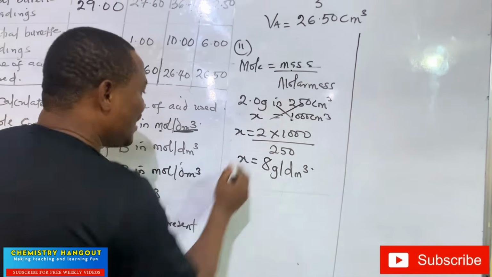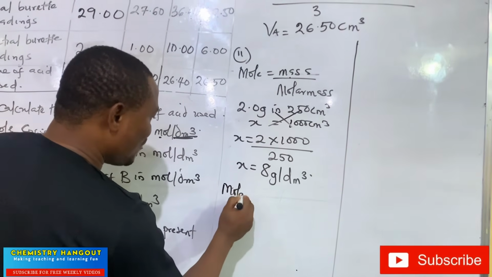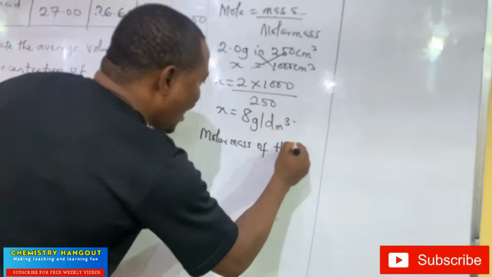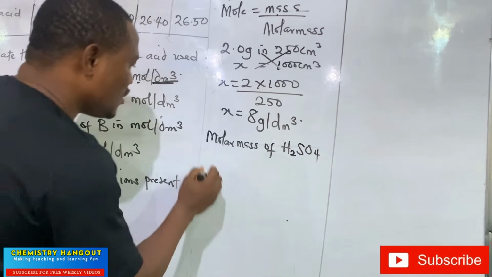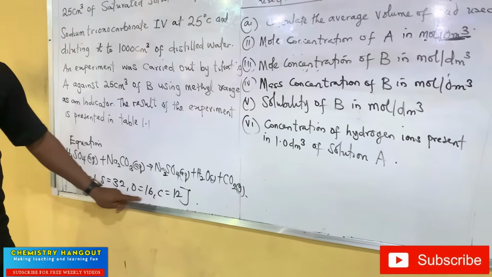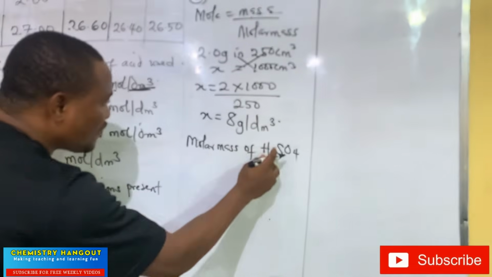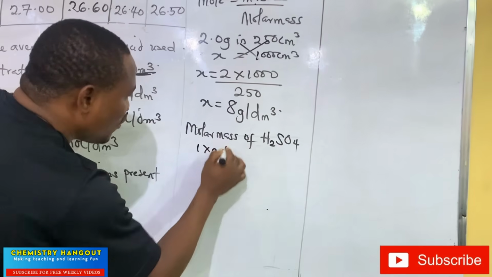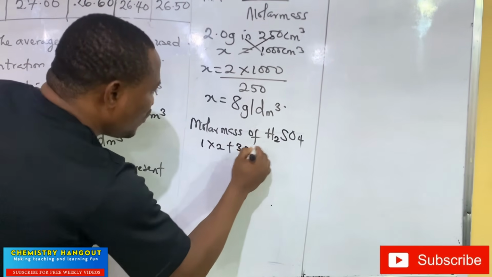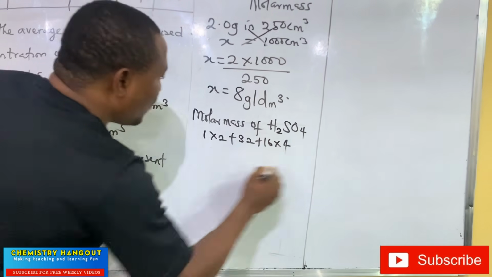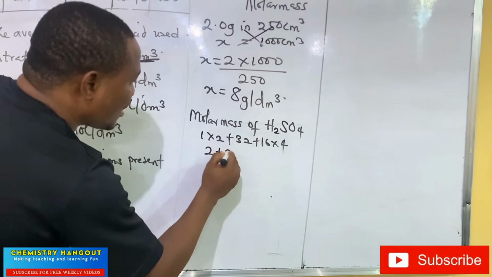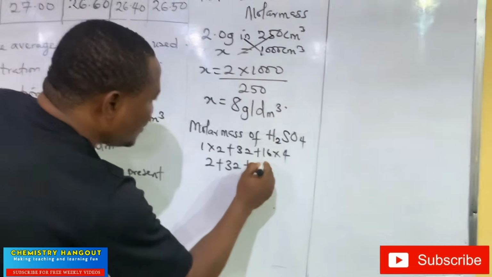So that's the mass. Let's get the molar mass now. Molar mass of H2SO4, right? Look at this, they are giving us all this here. The atomic masses will be given, so we can now calculate. So we have 1 times 2 plus 32 plus 16 times 4, right? So we have 2 plus 32 plus 64.